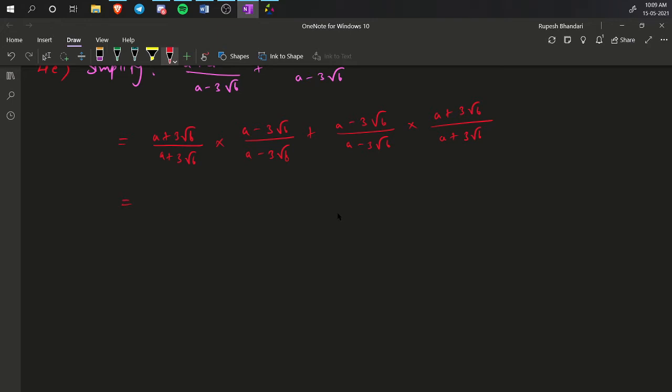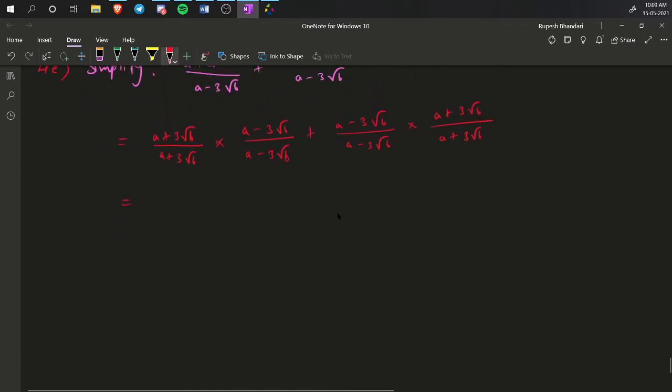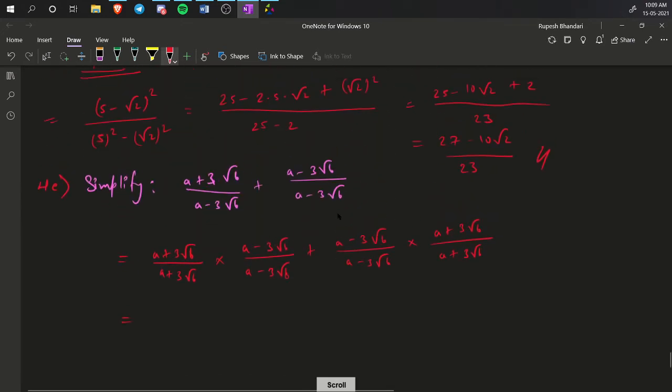Should I do it? How should I do it? So let's just do it directly, yeah? So if you want, I can do it step by step as well, but it's not required. I think you guys can understand. A plus b, a minus b though.